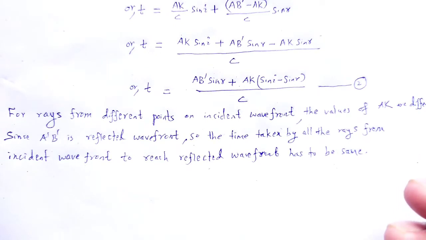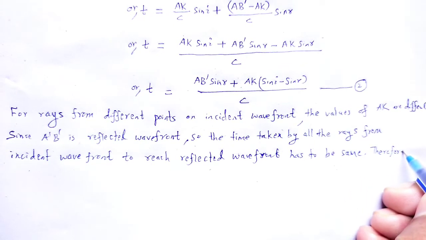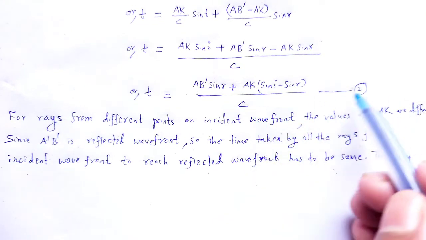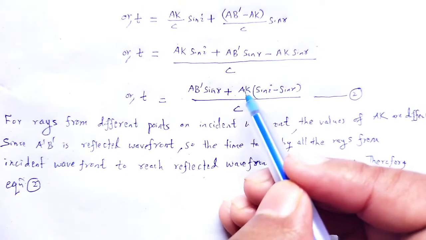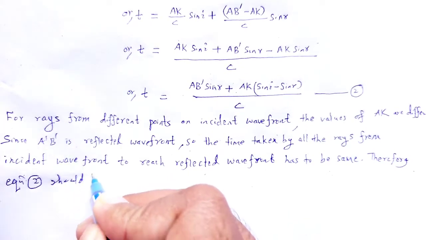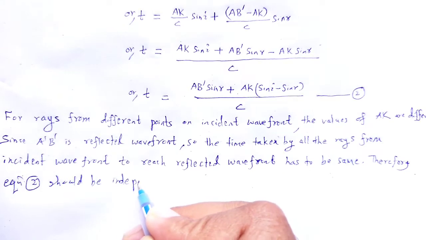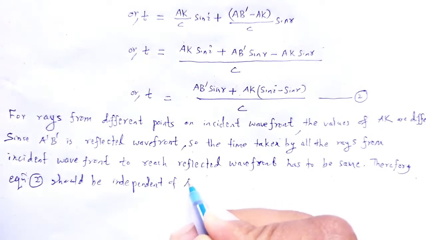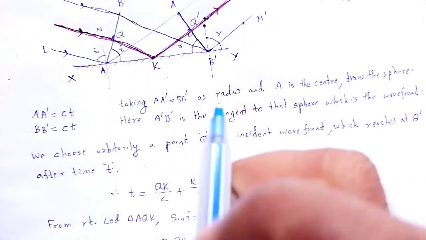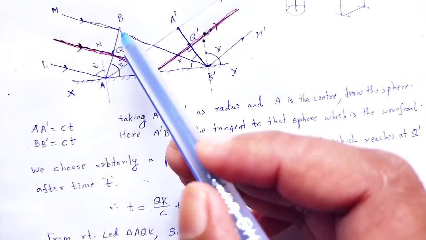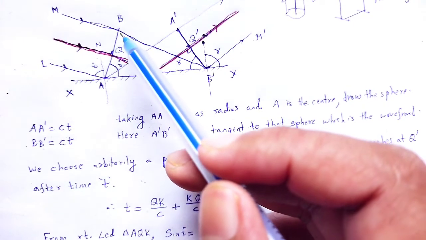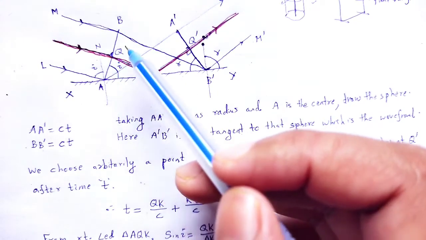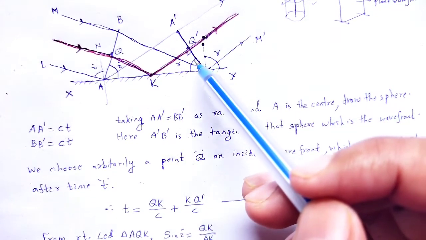Therefore, equation 2 should be independent of AK, as AK varies due to the different points on the incident wavefront, and the time taken from the points on the incident wavefront to reach the reflected wavefront has to be the same.